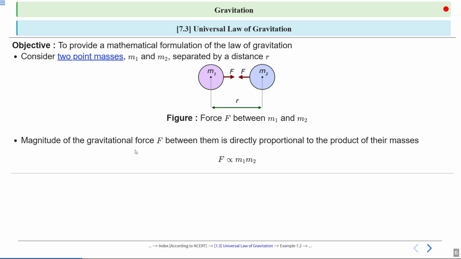Alright, because F is directly proportional to masses. This relationship is a cornerstone of Newton's law of universal gravitation, which we will explore further in subsequent discussions.